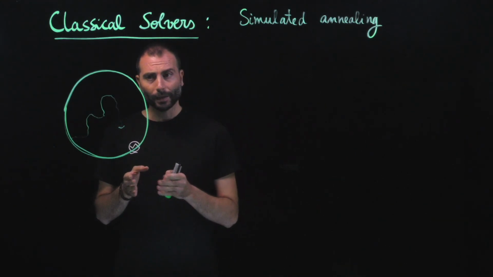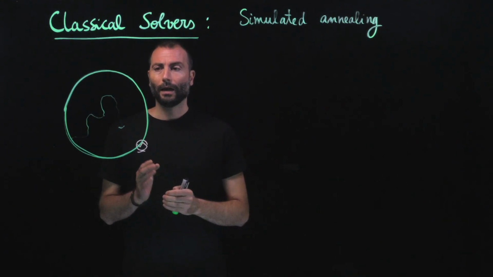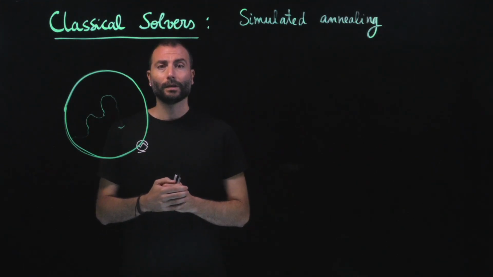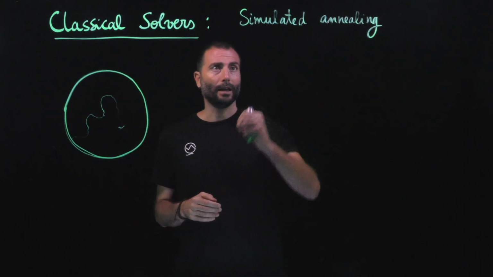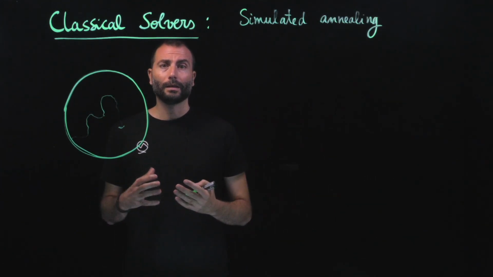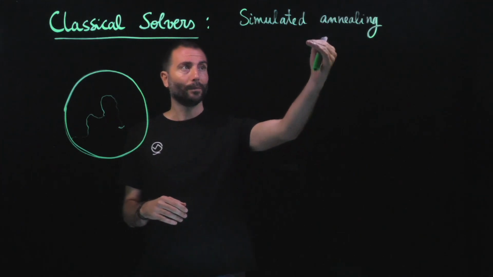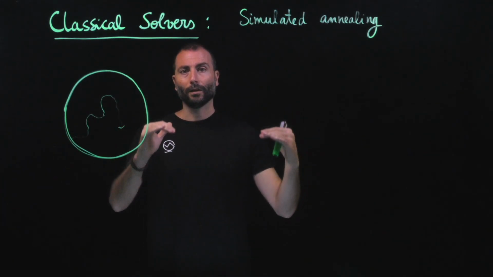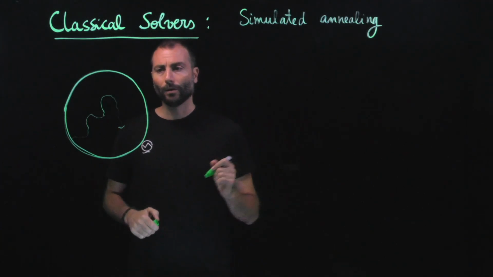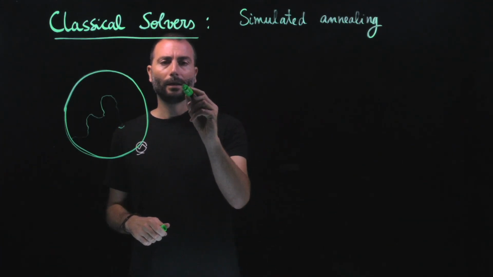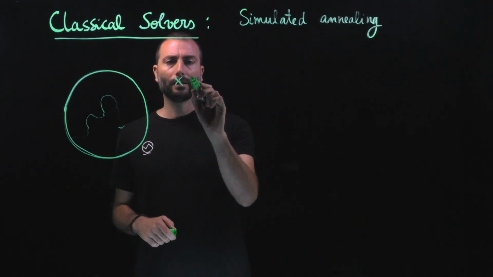But in this course, I will present another very popular approach, which is simulated annealing. So how does simulated annealing work? The idea is the simulation of an annealing process of a system that is very hot and is being cooled down. So we have this set of solutions that in our case are just bit strings, right?